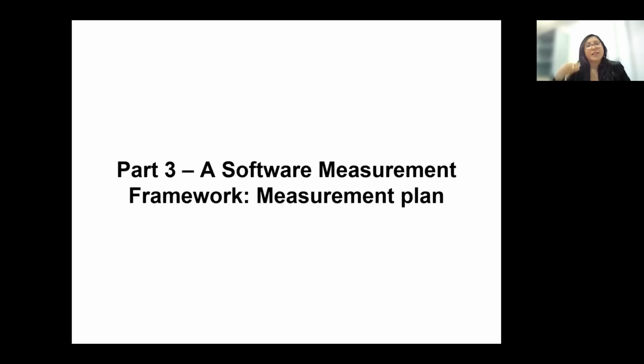In this part, I will cover how to use the different elements of the measurement framework to create a measurement plan. I hope that with this third part, some of the questions you have in mind can be answered. And of course, we will also have some time for answering questions.